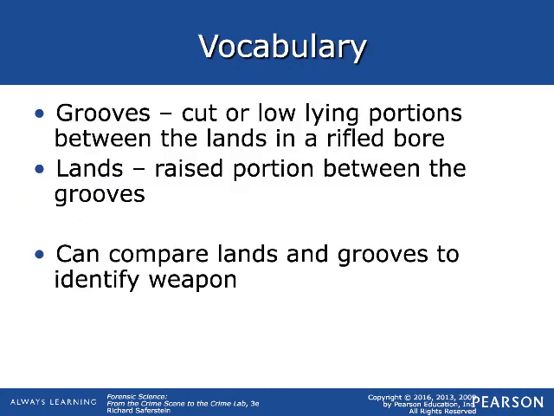Okay, now they talk about grooves and lands. Grooves and lands are two vocabulary words used to describe the rifling in a gun. The rifling goes up and down: it goes down and then up and plateaus, then back down and plateaus, and up and plateaus.